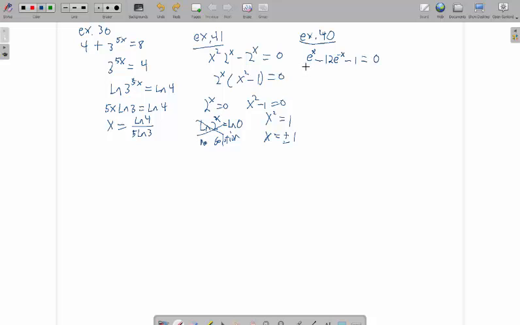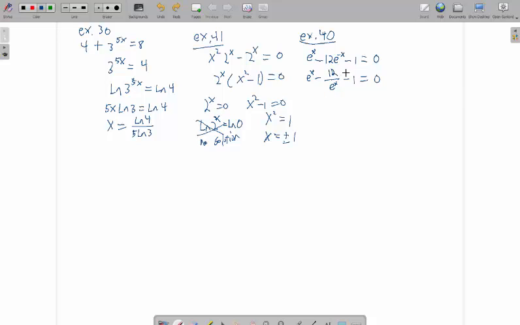Well, first off, you need to realize this is e to the x minus 12 over e to the x minus 1. So this has some of my variables in the denominator. So the first thing I want to do is clear the fraction.